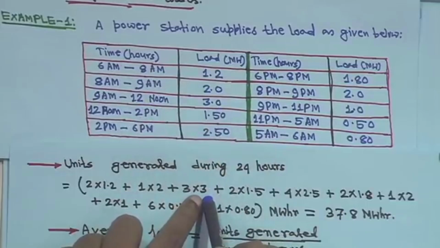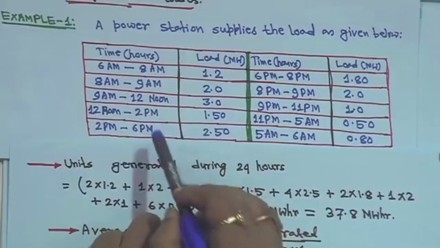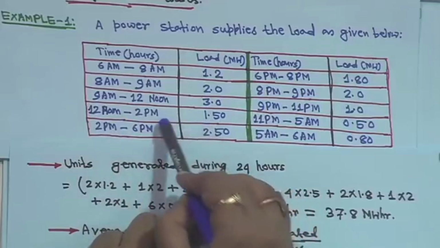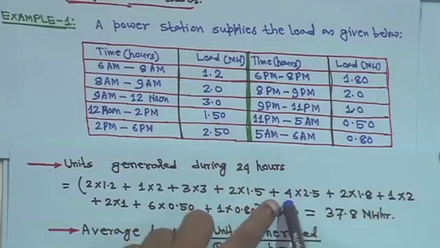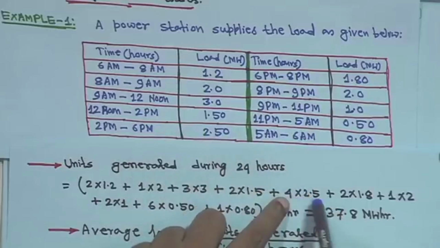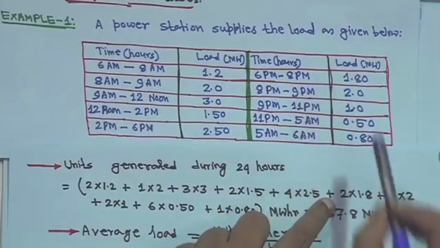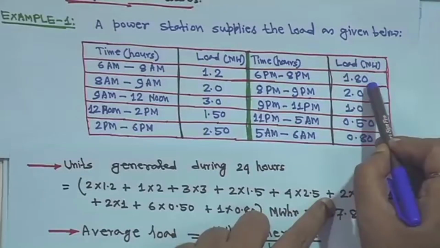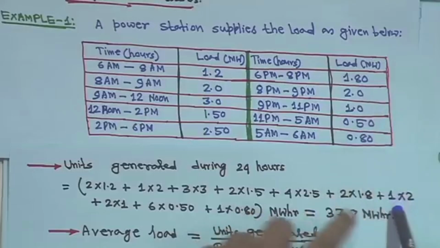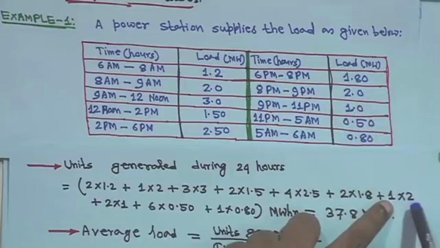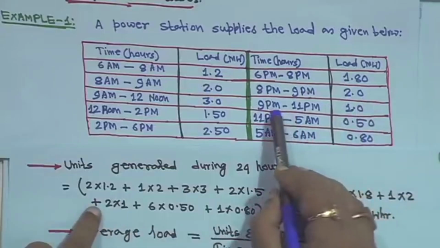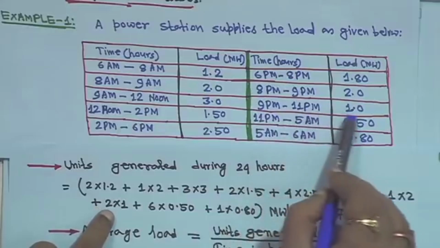So, plus 3 into 3 plus 12 noon to 2 pm, that means 2 hours, right. So, 2 into 1.5, load is 1.5 megawatt, plus 2 pm to 6 pm, that means 4 hours, load is 2.5. So, 4 into 2.5, then plus 6 pm to 8 pm, 2 hours into 1.8 megawatt, plus 8 pm to 9, that is 1 hour, 1 into 2 megawatt load, then plus 9 pm to 11, that means 2 hours, load is 1 megawatt.